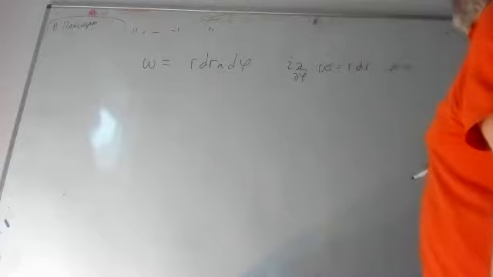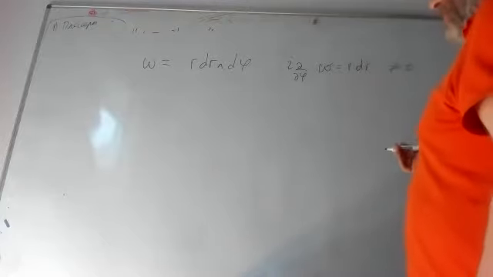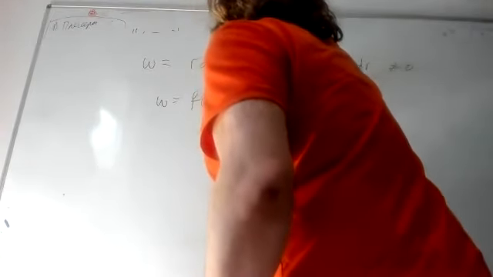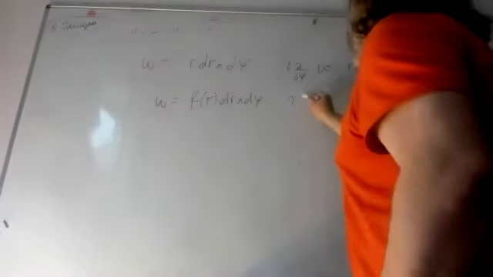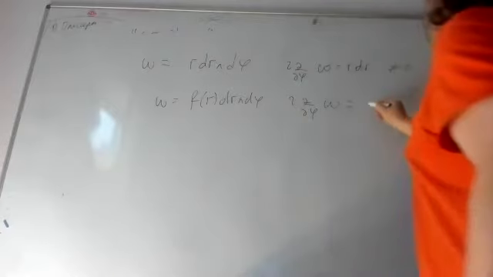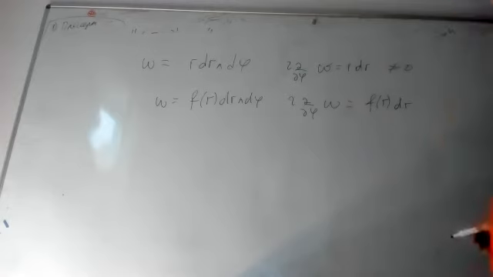So it was an example. I can even consider a better example: f of r dr d phi will give us f of r dr.